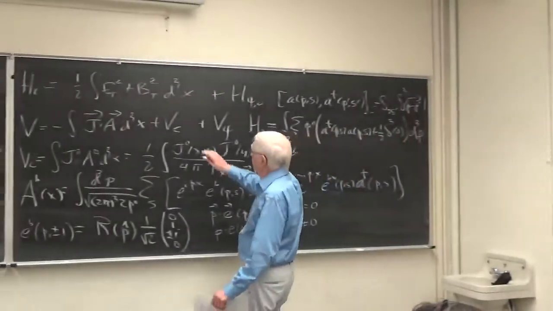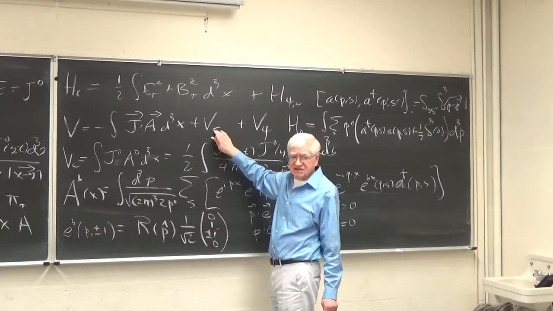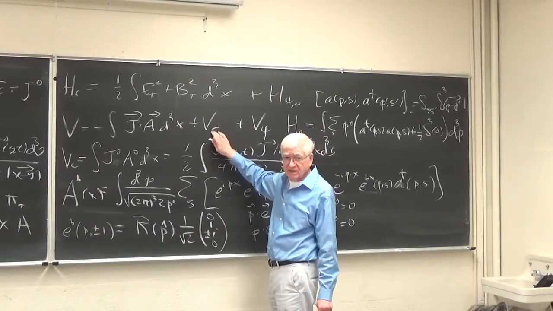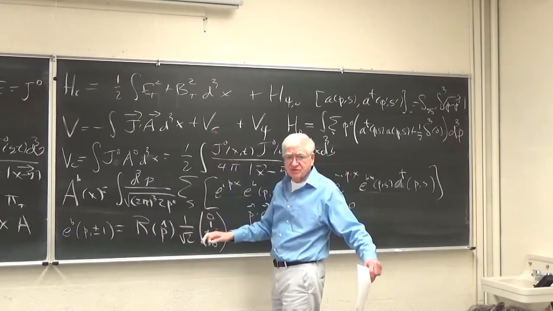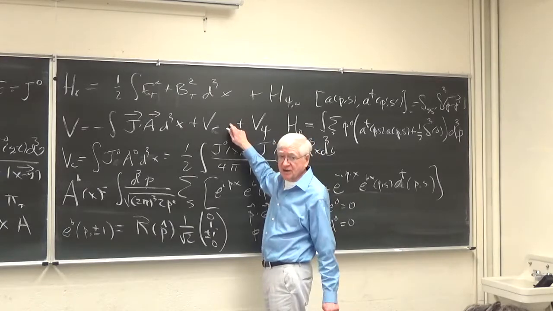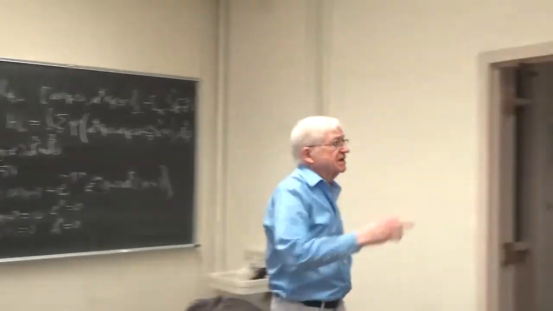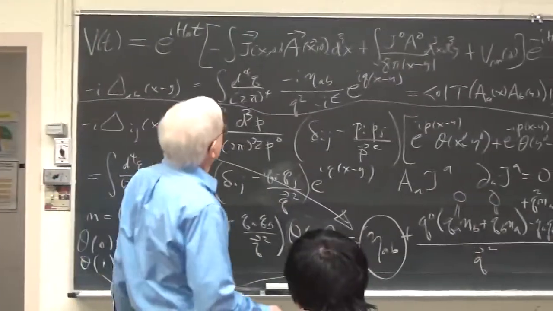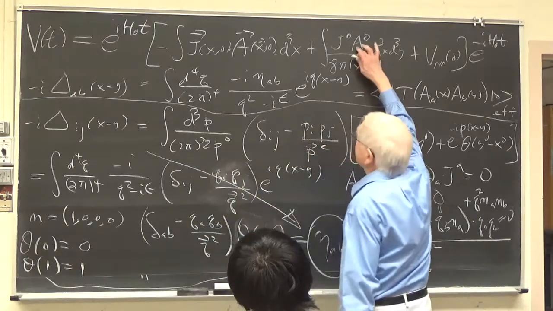Yeah, the J0 A0 term. In the energy term, in the Coulomb gauge, this is the Coulomb term. This is just the electrostatic energy of a charge distribution. And that's there, that's part of the interaction Hamiltonian. And so it sits up here, and you can write it as A0.